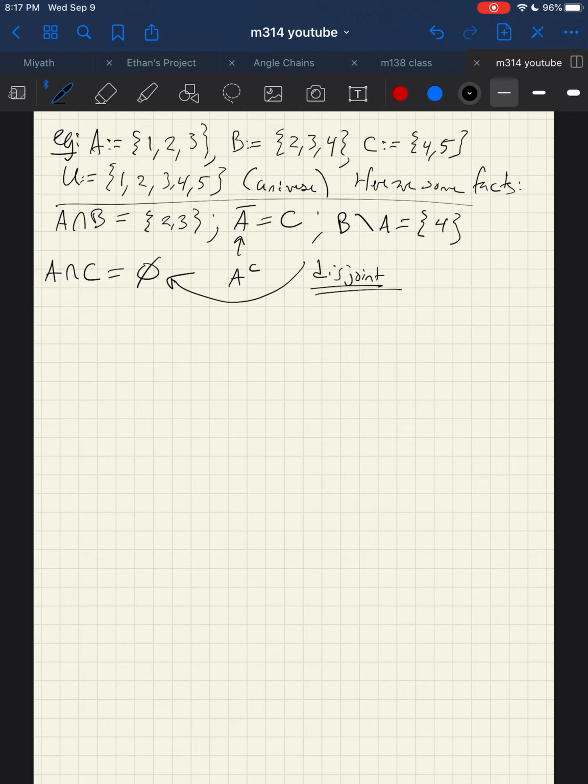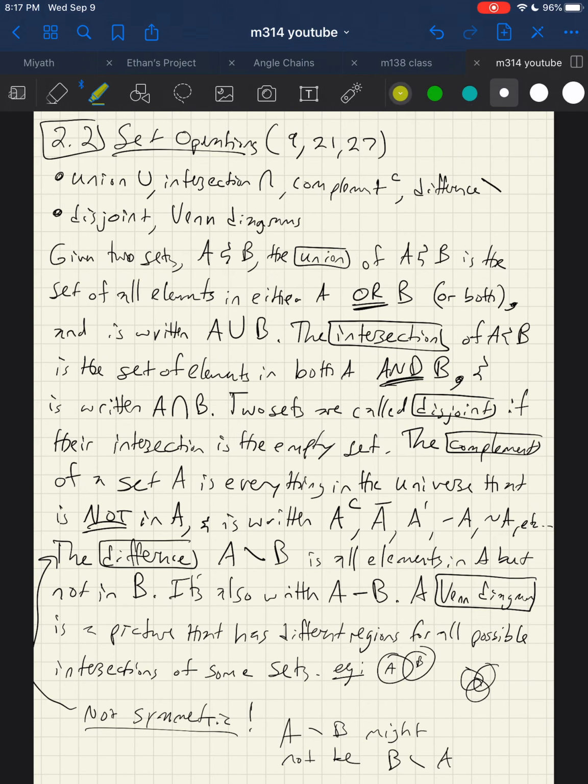All right, now I want to be really careful about something. So I'm going to do A union B. We notice this is going to be 1, 2, 3, 4. And I want to talk again, I know, surprise, surprise, about the ambiguity of the English language.